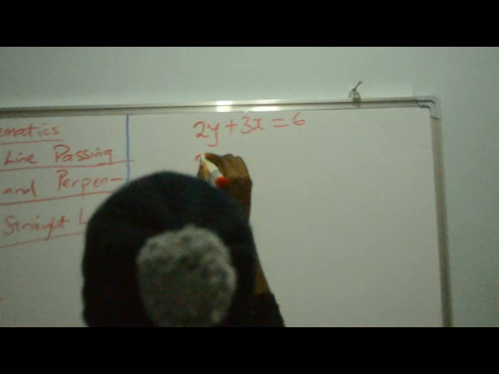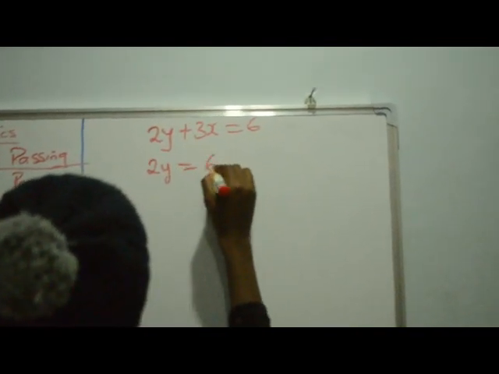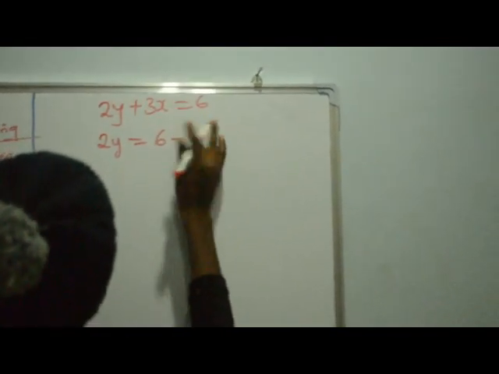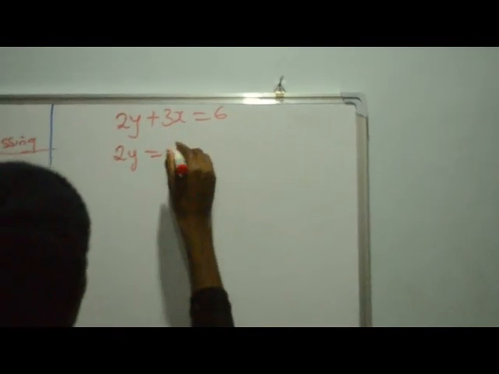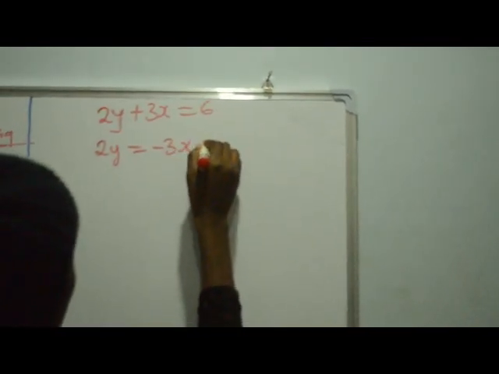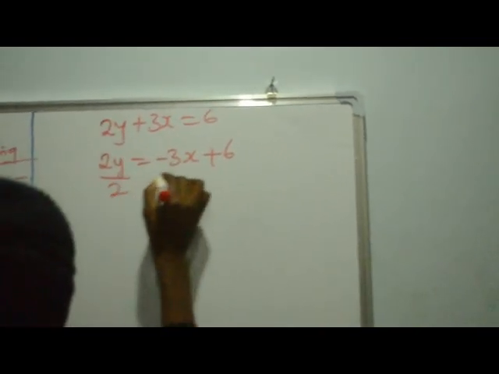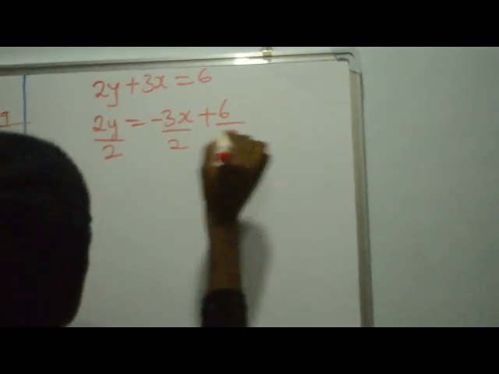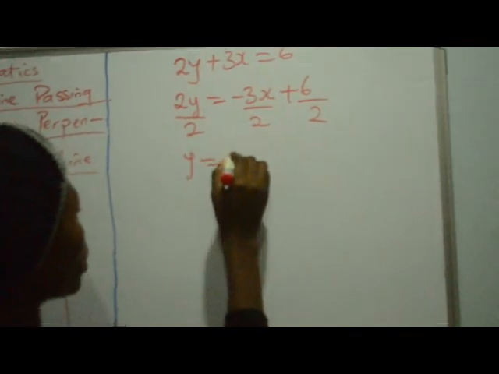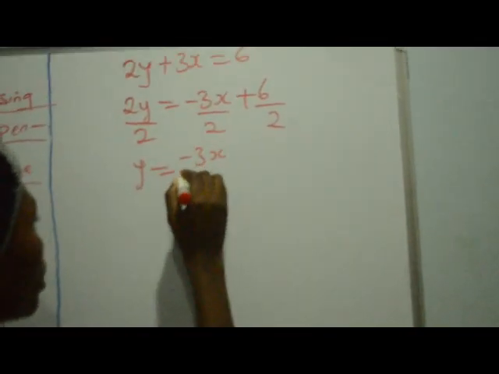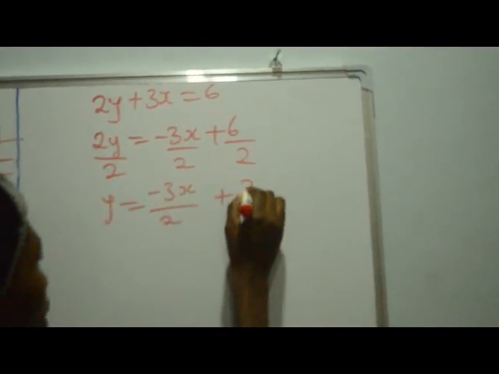So with that, 2y will be equal to 6 minus 3x, or rather, I want our x to be first, so we have minus 3x plus 6. Alright, so when we divide through by 2, our y will be equal to minus 3x over 2 plus 3.